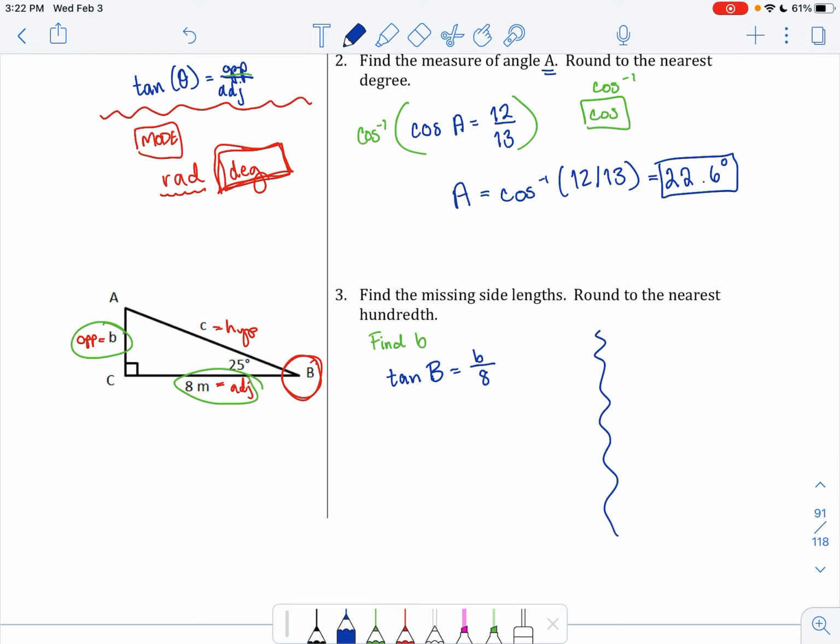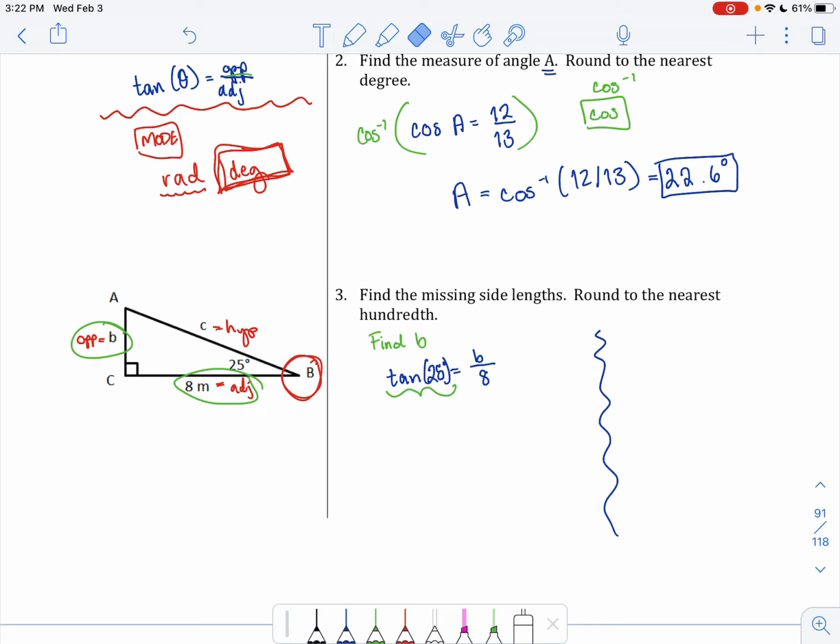So I'm just plugging in those numbers that were given. Now, B in this case is known, so instead of that, I'm going to say 25 degrees. This is why it's important to have your calculator in the right mode, because tangent of 25 degrees is a constant. You can just type this in, as long as you're in degrees, so the units match, and this will give you a decimal.